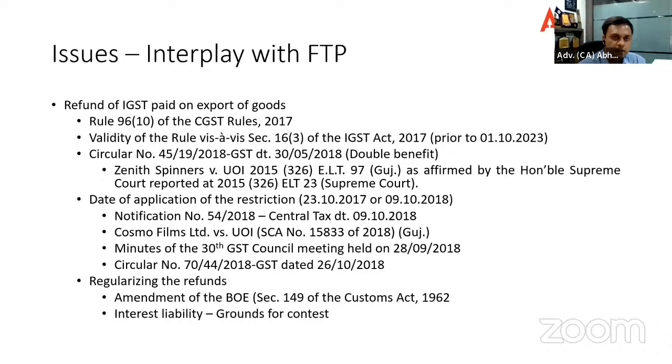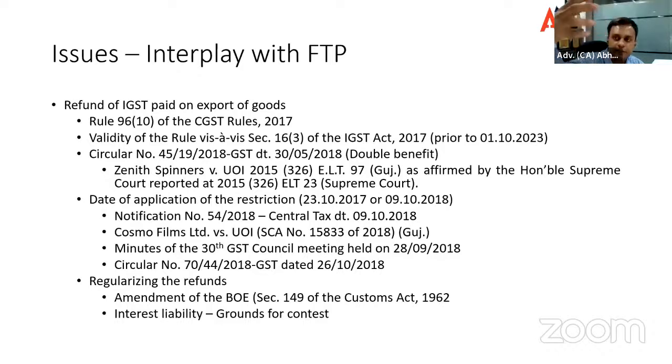Now, to better appreciate this issue, let us also consider the purpose of bringing this restriction. Government indicated the purpose by way of circular 45 of 2018, which was issued on 30th May 2018, where the government said that the purpose of this rule is to deny double benefit. On one hand, procuring inputs without paying IGST.